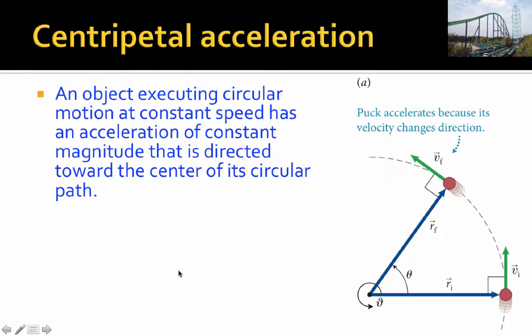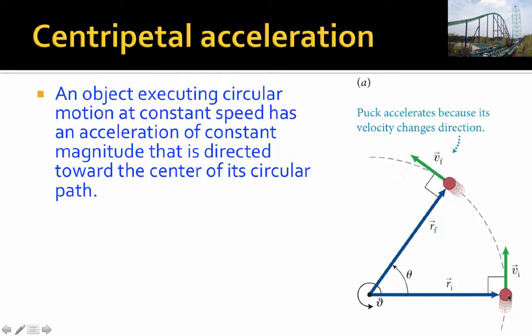Okay, so now we come to a third type. We've now talked about tangential acceleration, angular acceleration, and now we will talk about centripetal acceleration. Any object that is executing circular motion at constant speed has an acceleration of constant magnitude directed toward the center of its circular path.